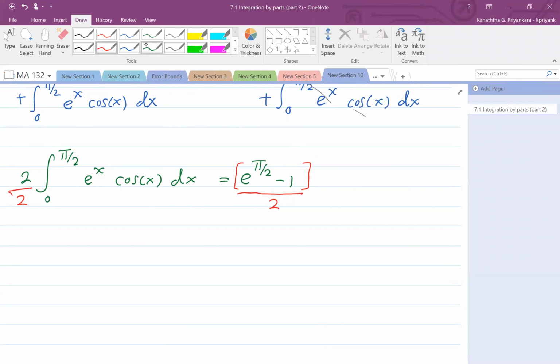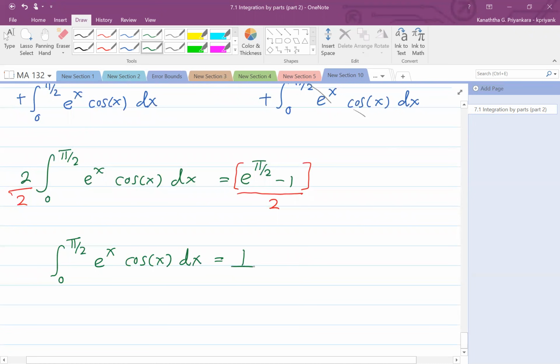So we get the integral from 0 to pi over 2 of e to the power x cosine x dx is 1/2 times (e to the power pi over 2 minus 1). So that is the answer. So that's how we will evaluate this.